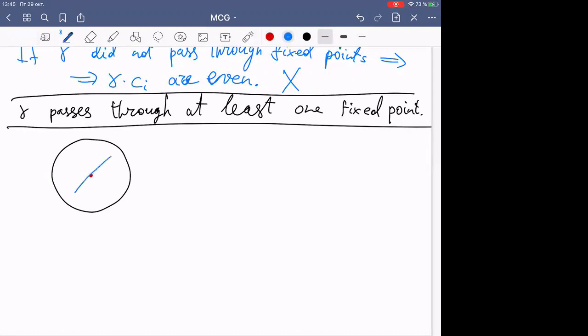If gamma passes through a fixed point, what do we see downstairs? Downstairs, we have twofold branching at this fixed point. Hence, downstairs, these two parts of gamma are identified with each other.